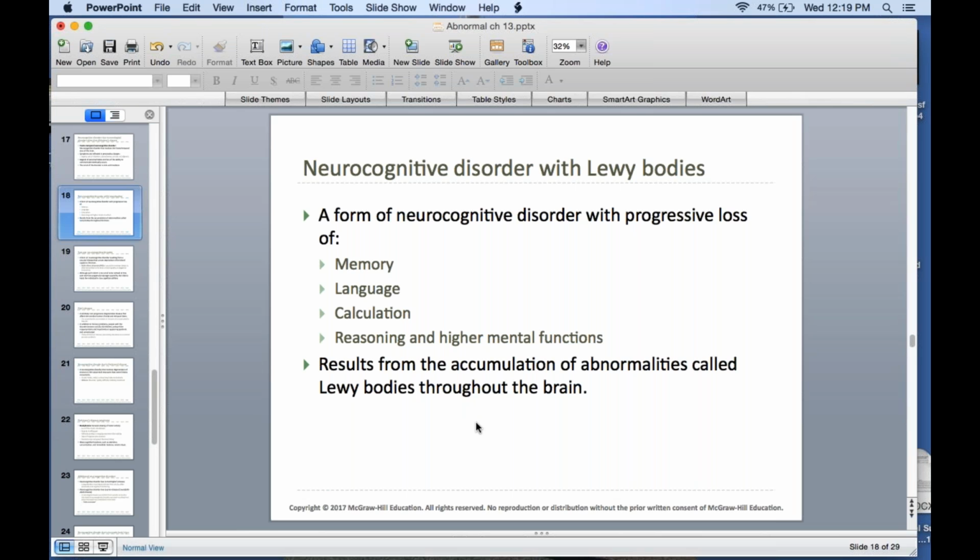Obviously, there was depression. There may have been some other mental health issues going on, but people often talked about him having Lewy body dementia. And how do we diagnose this? Well, we diagnose it as a major neurocognitive disorder.